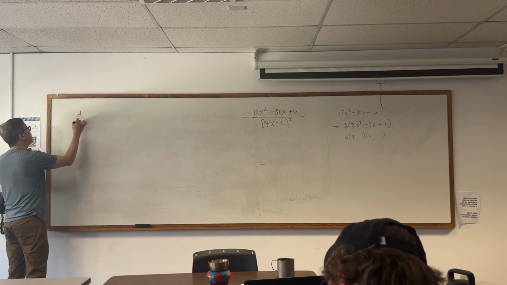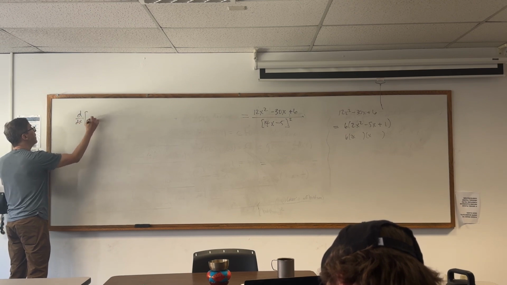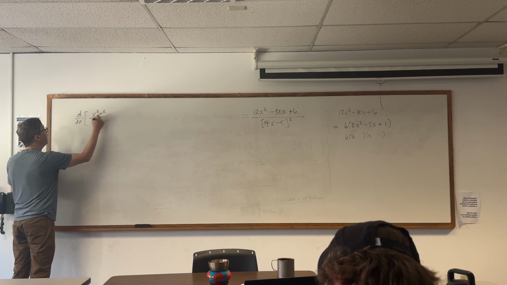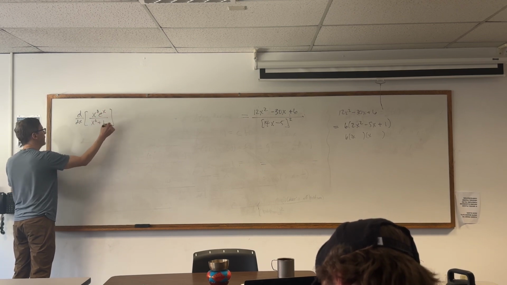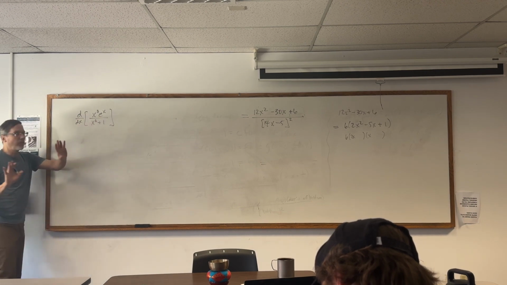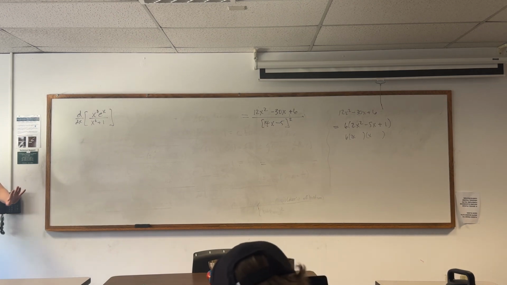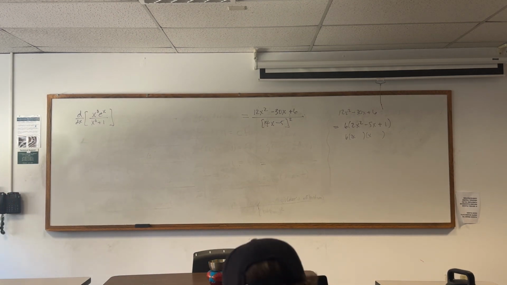What I would like you to please find is the derivative of x cubed times e to the x over x squared plus 1. Write out the quotient rule first. Let's just get there. Write out the quotient rule in its full glory, and then let's talk.